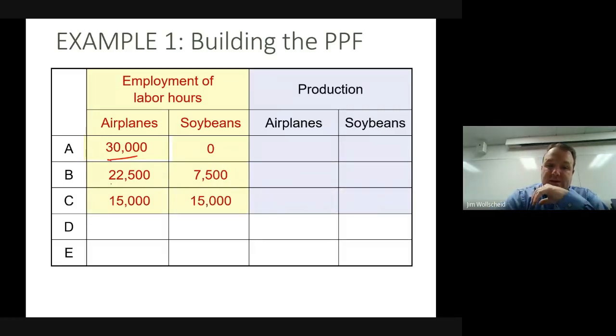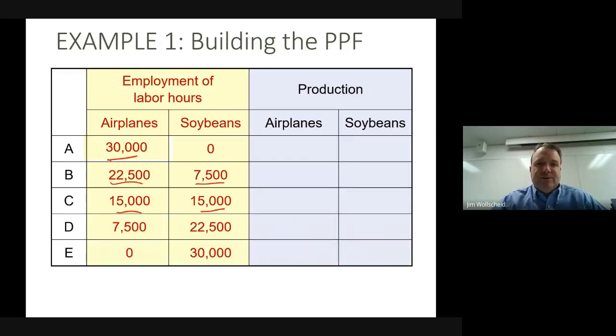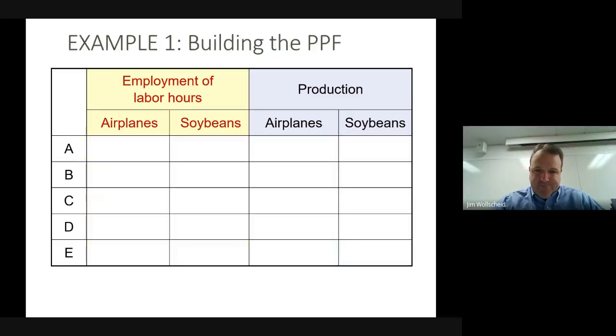If they use 22,500 hours in airplanes and 7,500 in soybeans, how much could they produce? 15 and 15? And we just kind of do it nice and simple. So we just kind of gave 5 points here so you can see where these numbers come from.